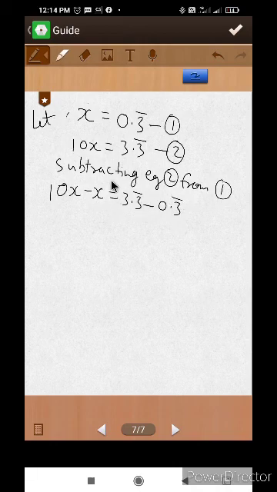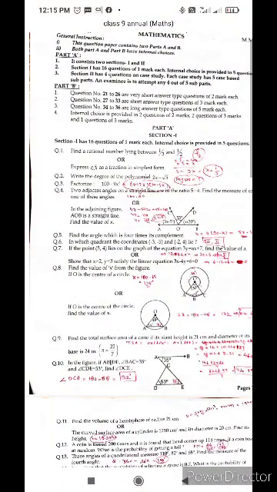So we get 9x equals 3. So x equals 3 upon 9, that is x equals 1 upon 3. So we have got x equals 1 by 3 as the answer. Okay, so now let us do the next question.